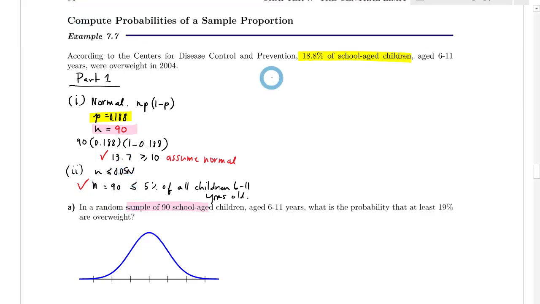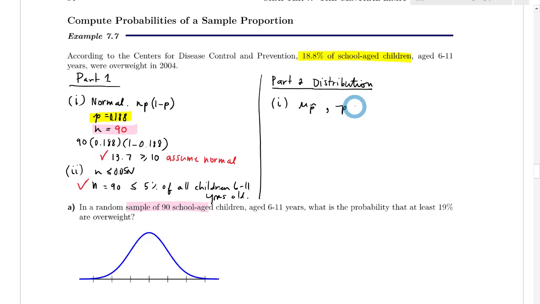The next piece would be going to part 2 and now discuss the distribution. So for the distribution here, we first talk about the mean with respect to the sample proportion. We do know that the population proportion is 0.188. Since we found that our population is approximately normal, we can go ahead and assume that mu sub p-hat is 0.188.